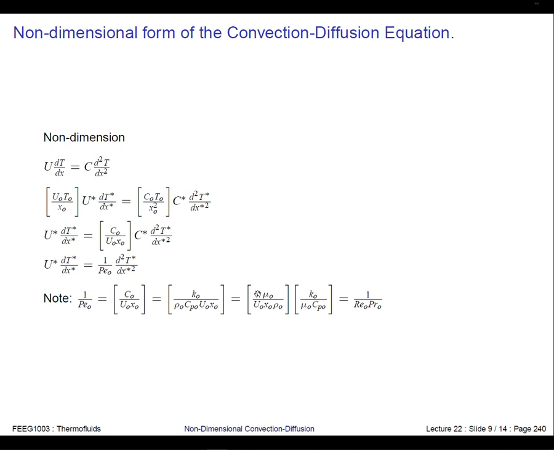And then we can recognize that this is 1 over the Reynolds number, and this is a new one that we haven't come across yet called the Prandtl number. And so we can write the Peclet number as the product of the Reynolds number times the Prandtl number. Okay, and so we can start understanding what's going on by understanding what these non-dimensional numbers mean. And this is a much better way of working out how to map physical effects onto these non-dimensional numbers, much better than using the Buckingham pi theorem.